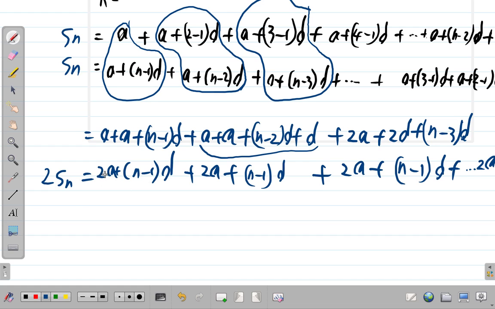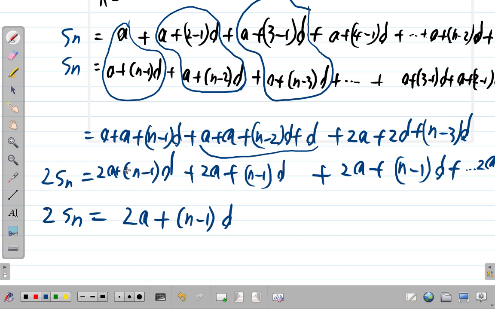Now, here, what you have is 2 times the sum of n terms equal 2A plus n minus 1 D. And you notice you have 2A plus n minus 1 D repeated.